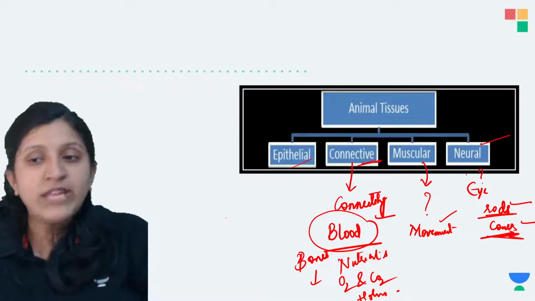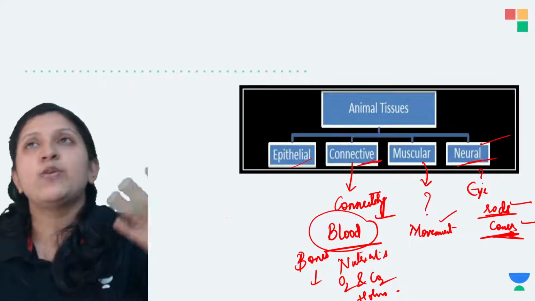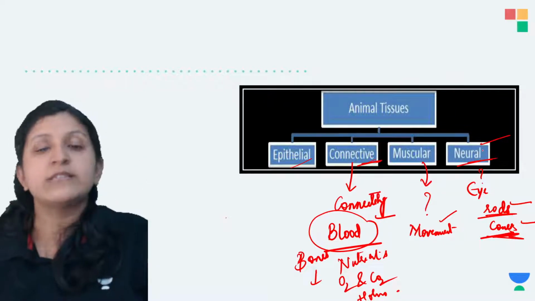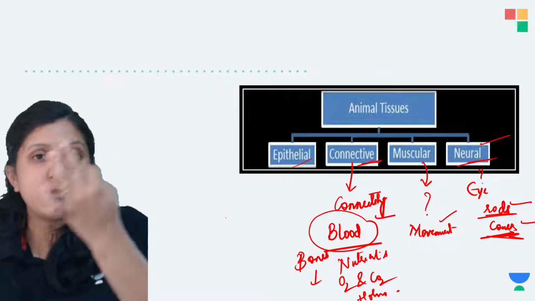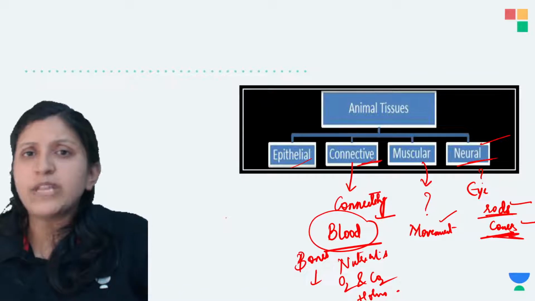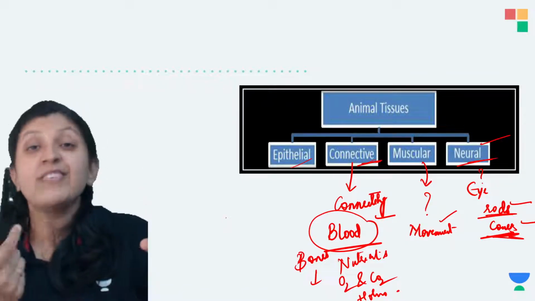Okay, so with that, when we mention neural, it is basically that you can sense things around you. It can be with respect to taste, with respect to hearing, with respect to eyesight, sensation of touch. Okay, so what else am I missing? Is there anything else? Five senses. Yeah, smell.